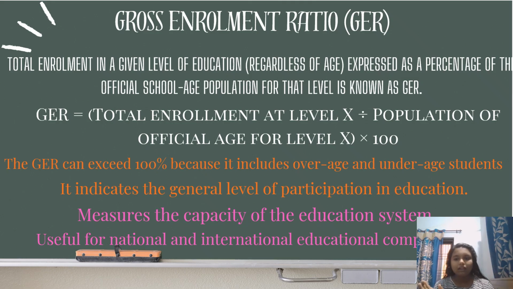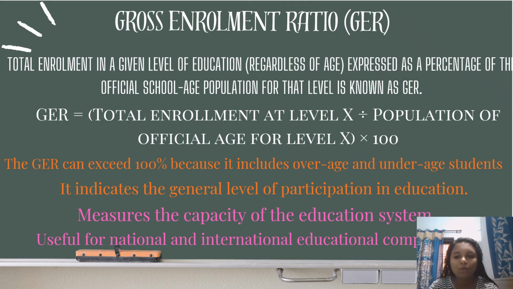We can include a child who is 5.5, and a child who is 7 can also be in the first standard. It indicates the general level of participation in education. It measures the capacity of the education system, and it is useful for comparison between national educational systems.